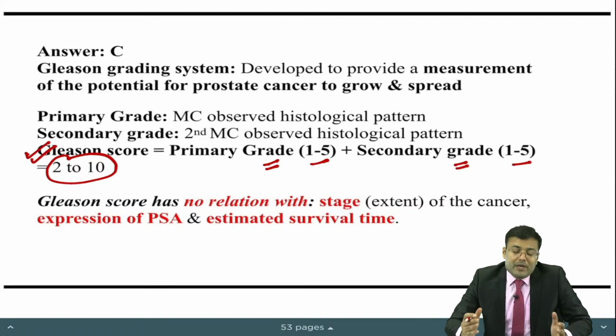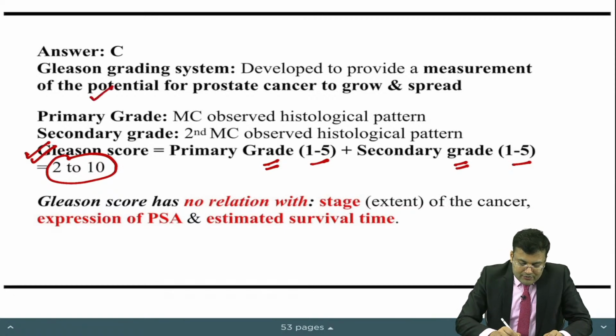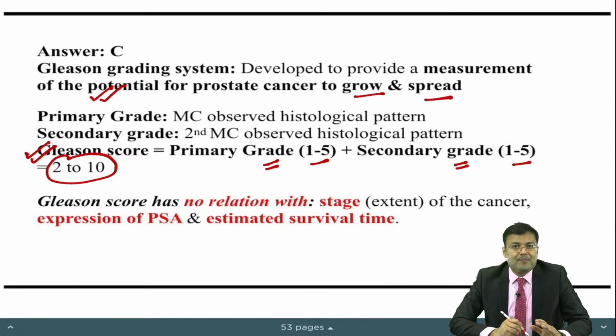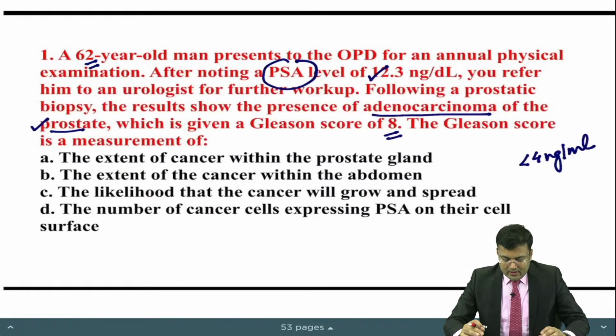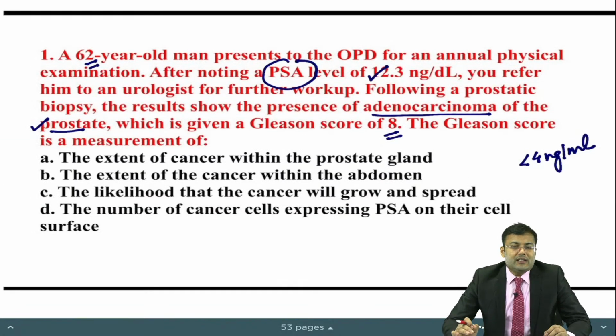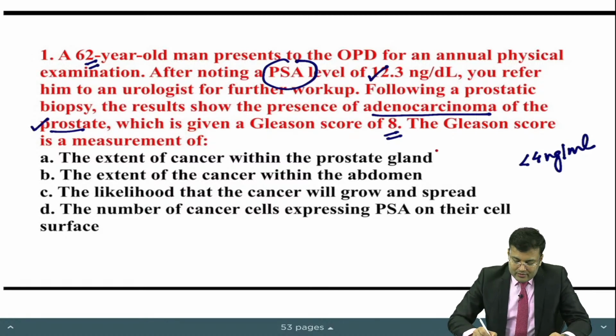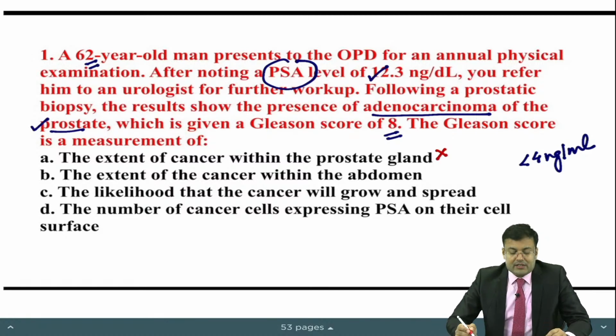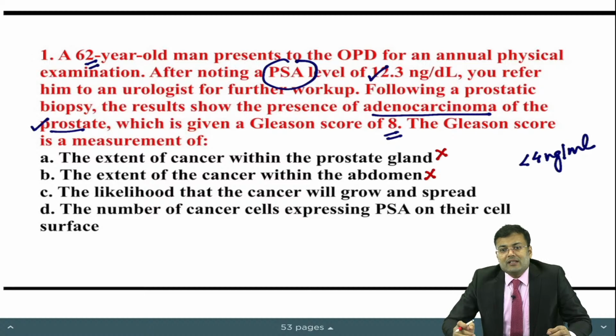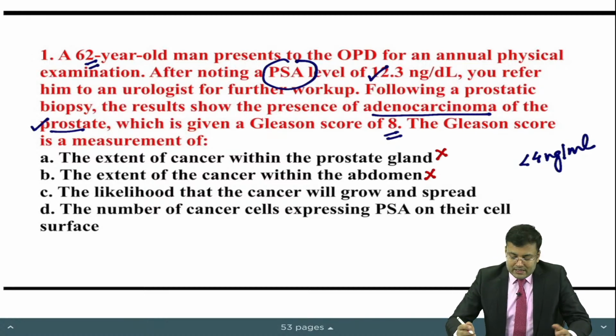What is the use of this Gleason grading system? It provides a measurement of the potential for prostate cancer to grow and spread. So see the question. The Gleason score is measurement of extent of cancer within the prostate gland? No. Extent of cancer within the abdomen? Obviously not. Likelihood that the cancer will grow and spread?